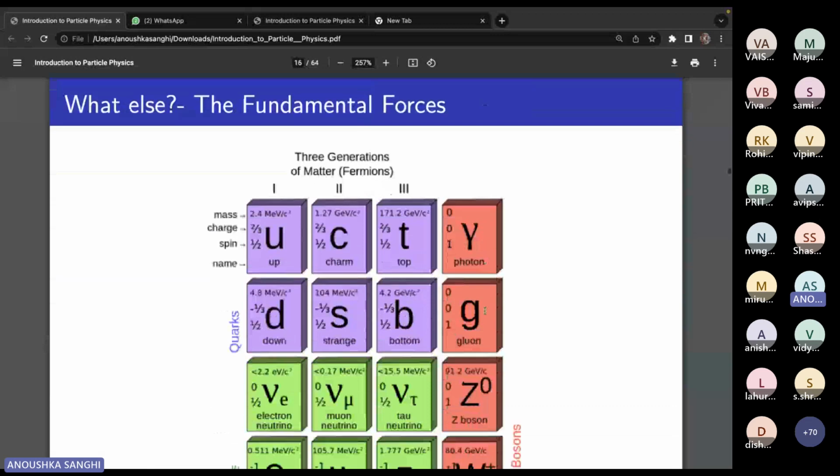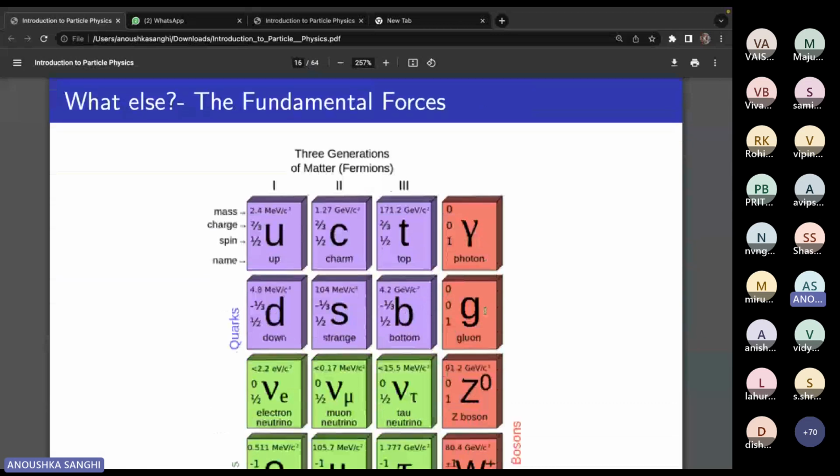So here comes a very important topic, which is the fundamental forces. Of course, forces are very important, because without forces, particles will wander around here and there. In the quantum mechanical model, or if I talk about the microscopic world, we talk about three major forces: strong nuclear force, weak nuclear force, and electromagnetic force.